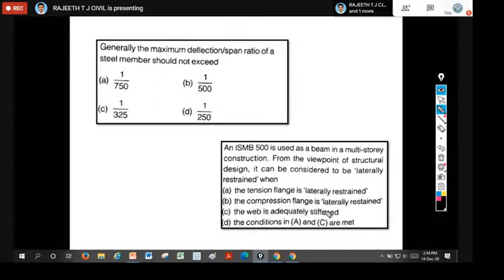The actual answer is if you provide lateral restraint to the compression flange. That condition we call the lateral restraint condition, regardless of the tension flange and stiffness. Even if you have not provided lateral restraint to the tension flange or sufficient stiffness to the web, if you provide sufficient restraint to the compression flange, that condition we call the laterally supported condition, or laterally supported beam.